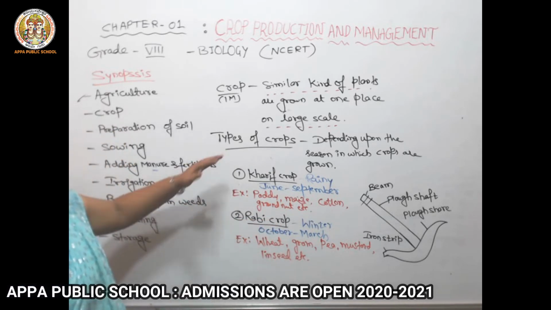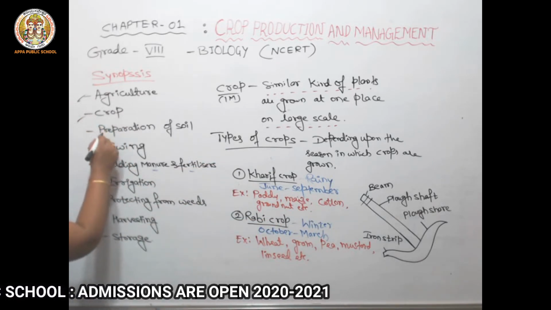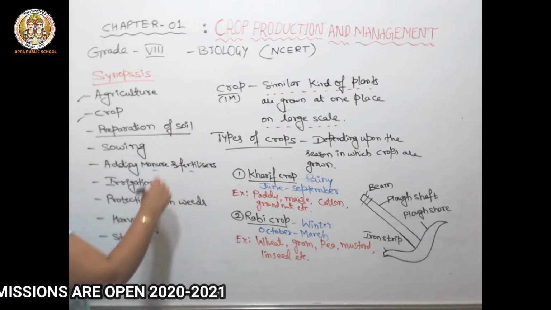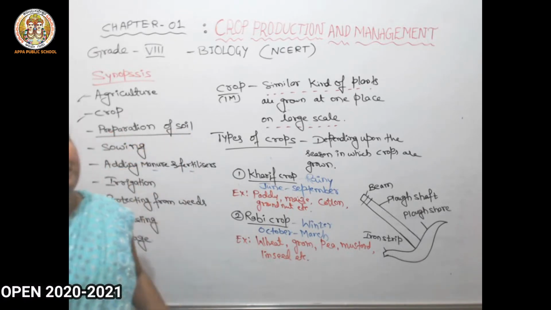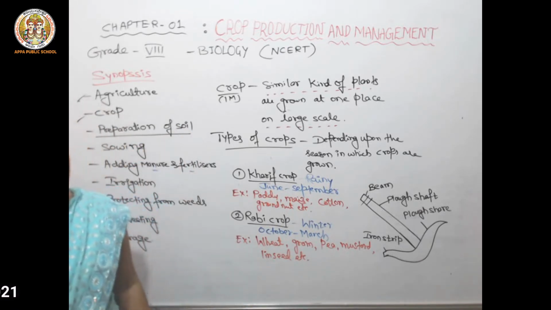Okay. So the next part of the lesson is preparation of soil. This is actually the first step of the agricultural process.